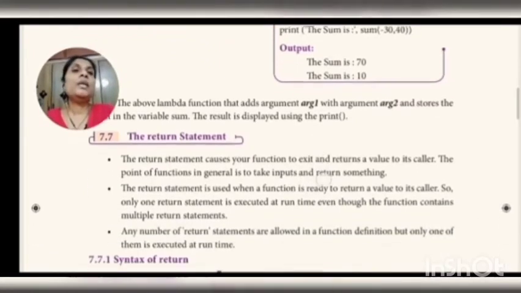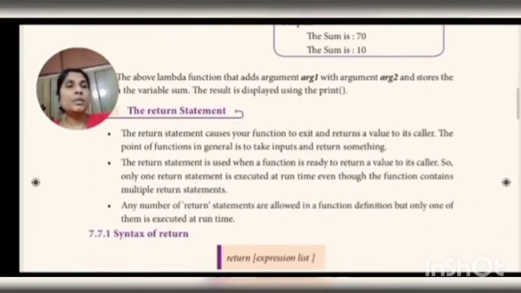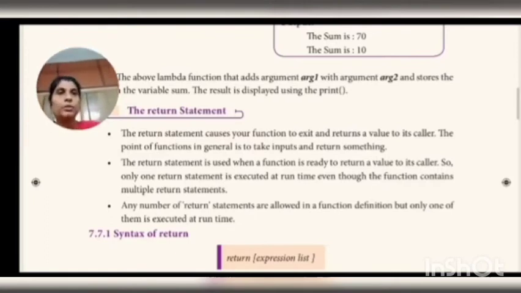Okay. So the return statement, we already saw about this. When the return statement is encountered, that will be the end of the function. It can be without any expression also, or if it has an expression, then that value will be passed to the function call.